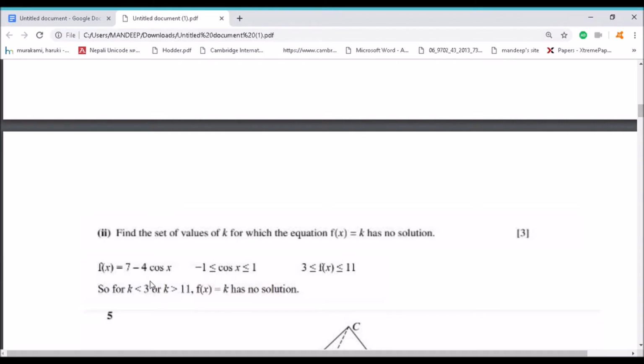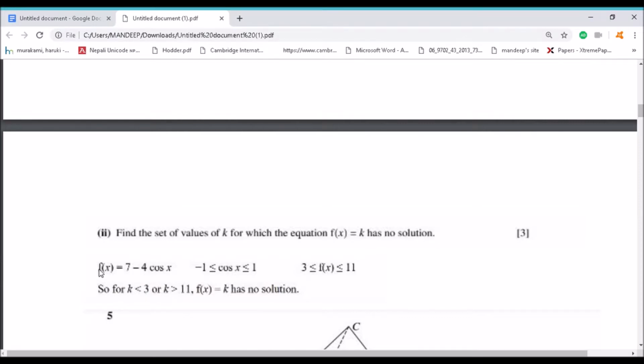So we have found the range, but the problem here is you cannot write k is less than or equal to 3, because if you replace k by 3 here, it's going to be 3 minus 7, minus 4, so minus 4 divided by minus 4 is 1. So cos x equals 1 you can solve.